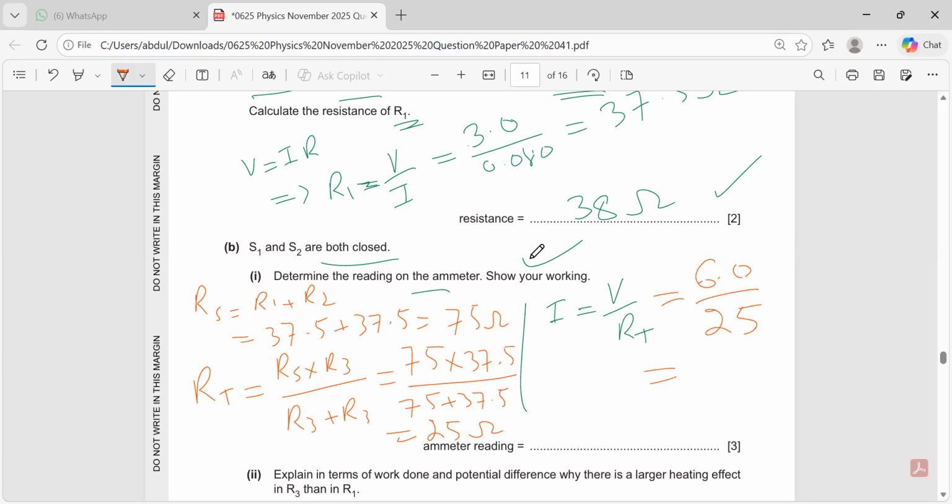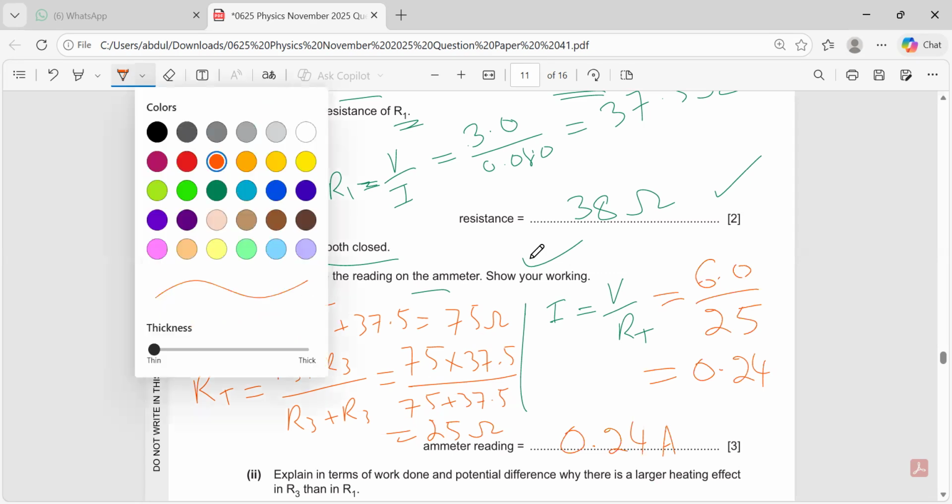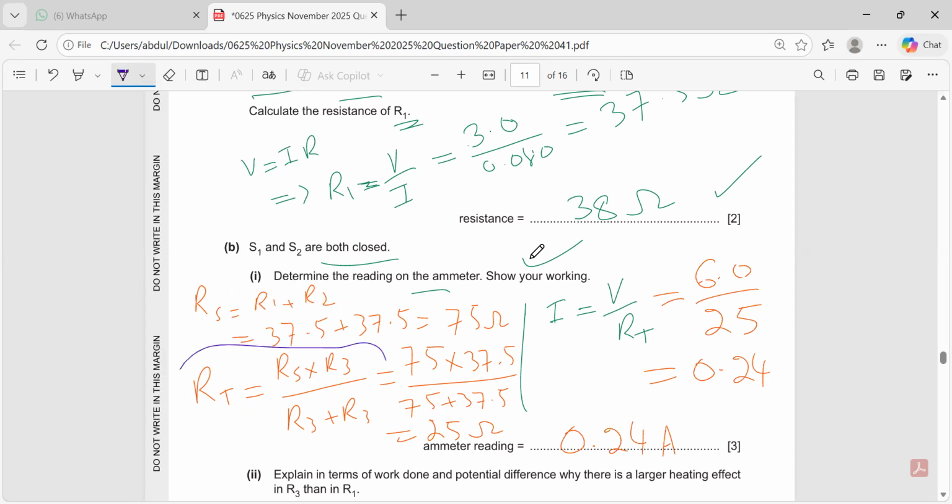So it is 6 divided by 25. Answer is 0.24. So the ammeter reading will be 0.24 amperes. But the question is, why am I using here only the formula of two resistors in parallel?